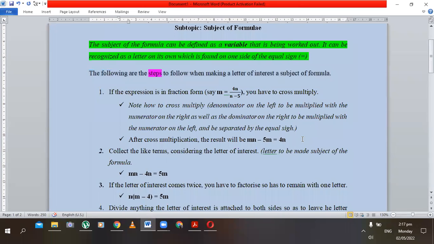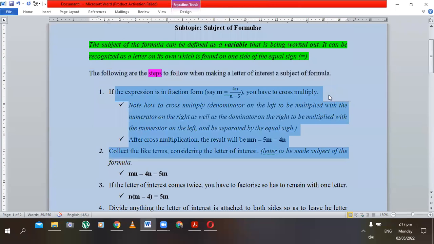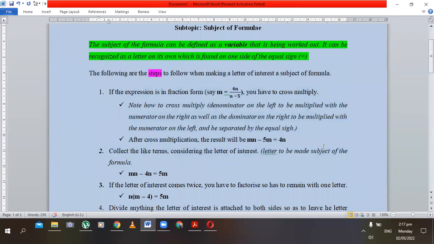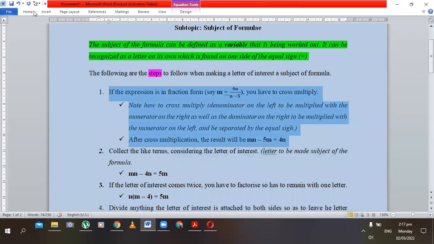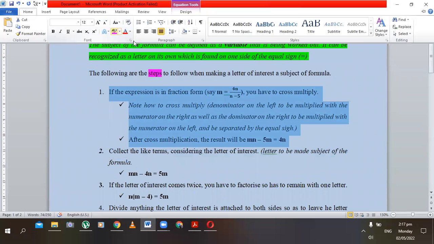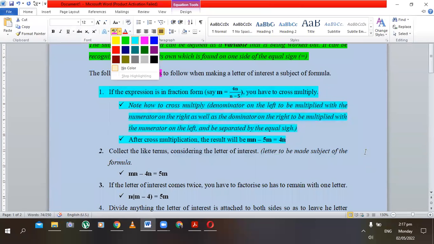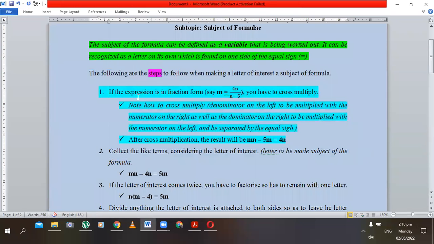So what are the steps? Let's get going. Step number one here says, if an expression is in fraction form.